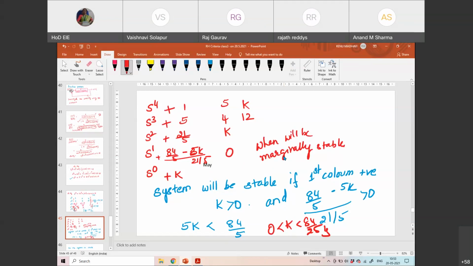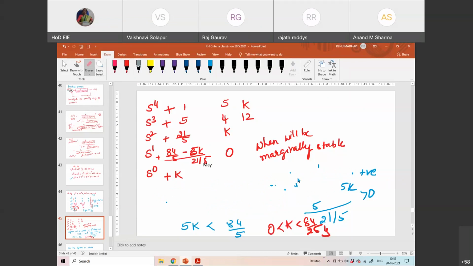When will you have the system as marginally stable? You have to recall your fundamentals. The system will become marginally stable only when a particular row of the Routh array becomes 0. All the elements of a particular row of the Routh array become 0, isn't it?